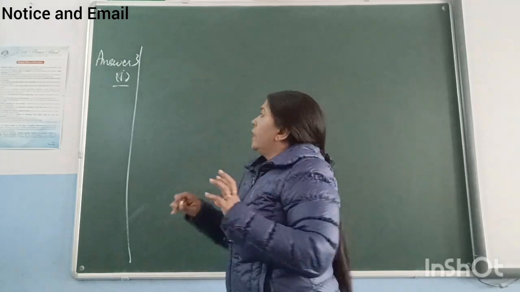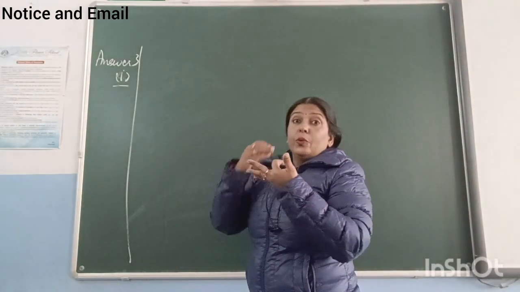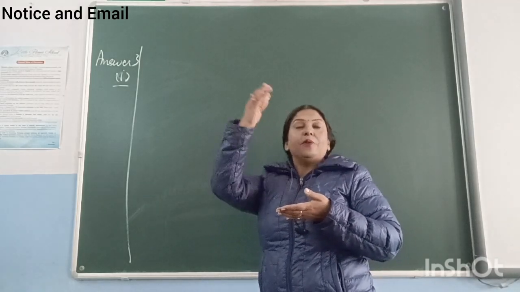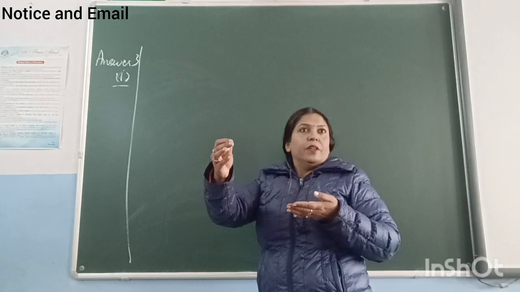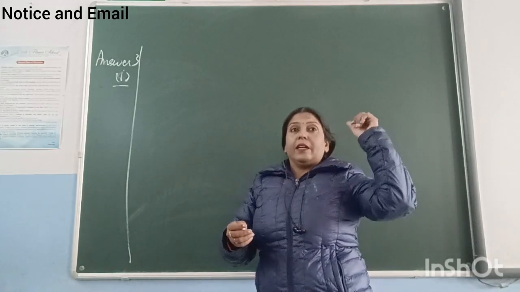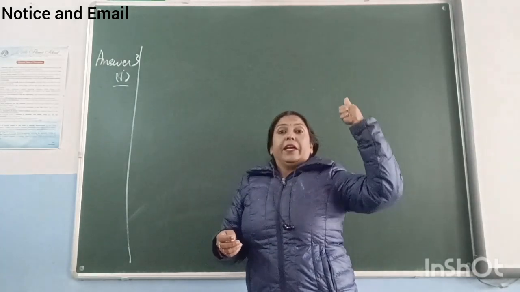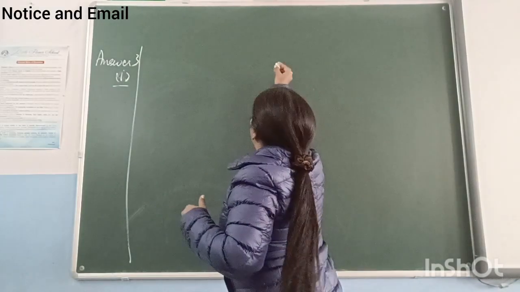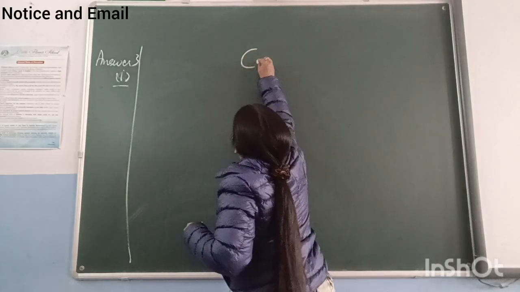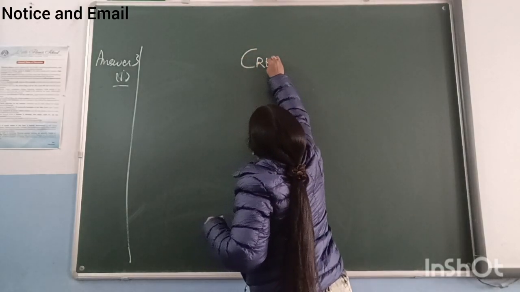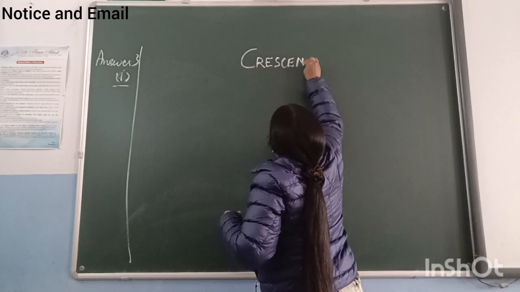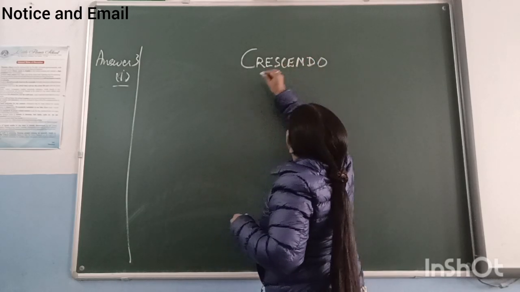Is that clear? Now, like inter-school music competition, think of a creative title. Think of how you can make a title creative. That creative title should be written in bold letters or capital letters. So you will begin with C, crescendo.